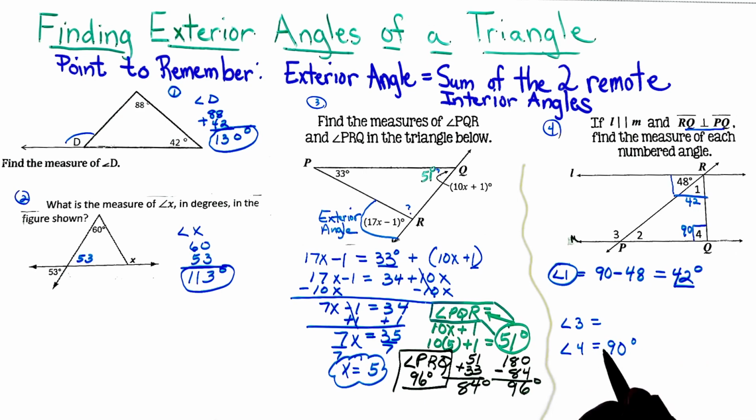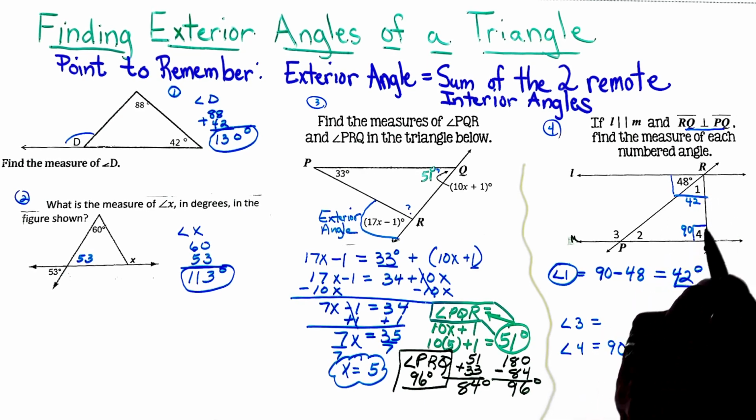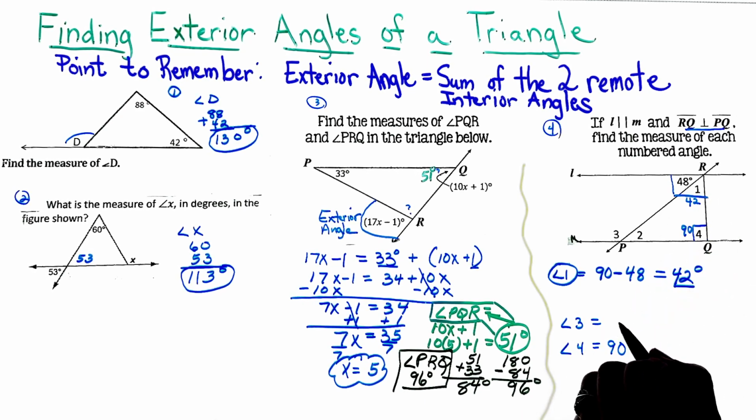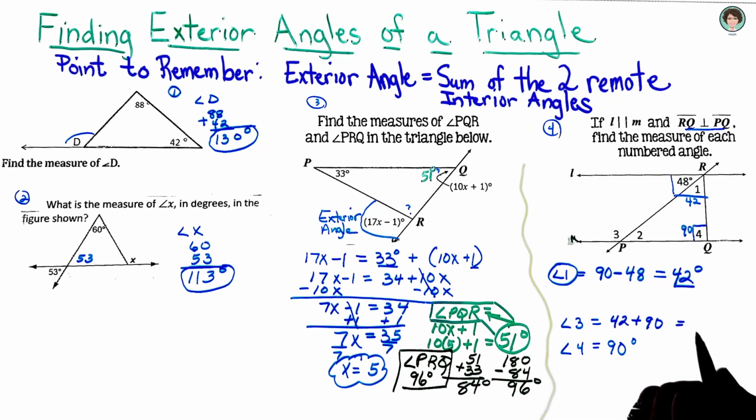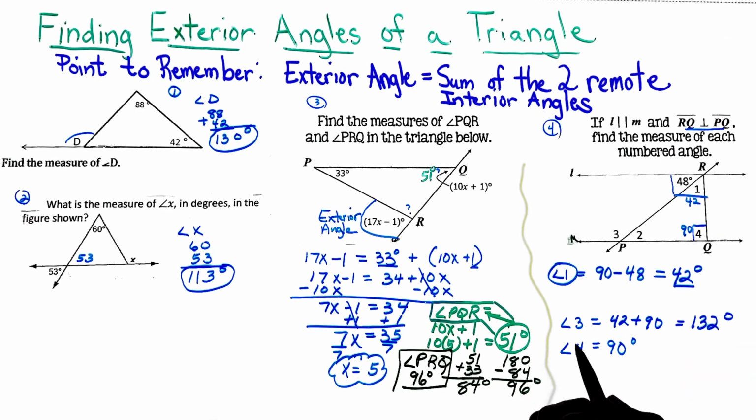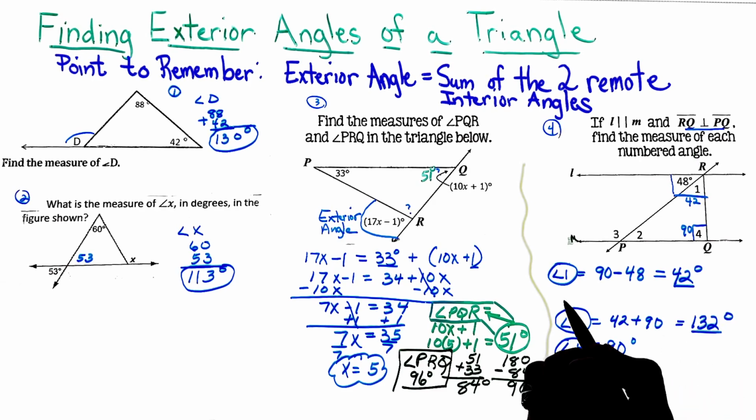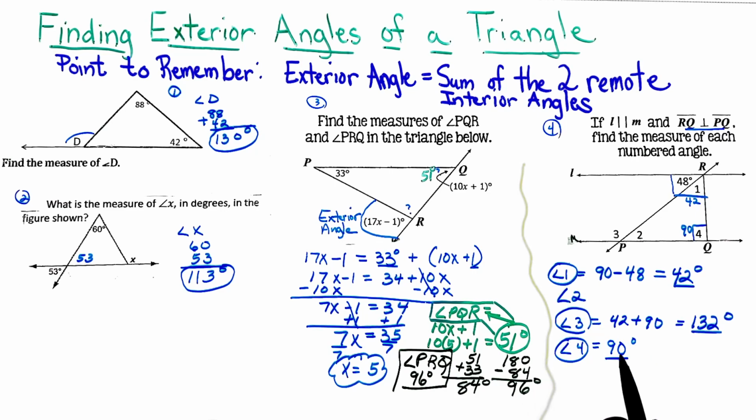So to find angle 3, what we're going to have to do is put 42 plus 90 together, and when we do 42 plus 90, we get 132 degrees for our angle 3. Right here, we have our angle 4. Now all we're missing is our angle 2.